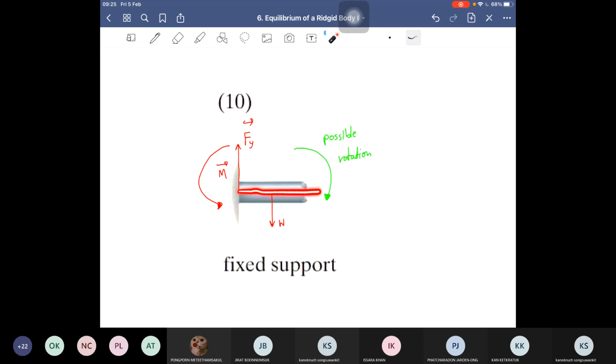For the force in the x-axis, you can say that this slot tends to translate in this direction. No, sorry, it tends to move in this direction. So we have one Fx, the translation in the x-axis, pointing out of the body, Fx.